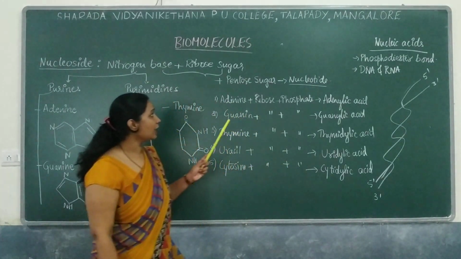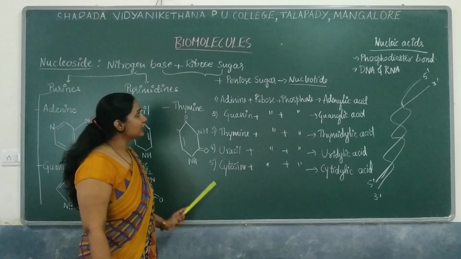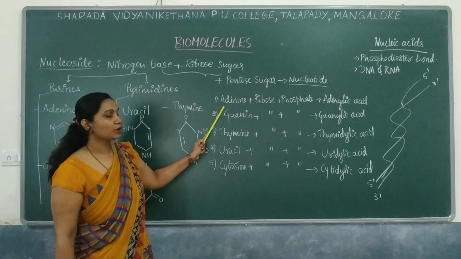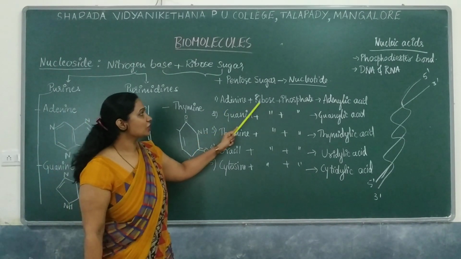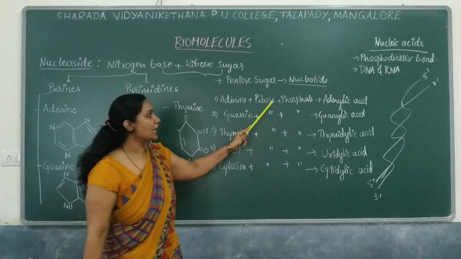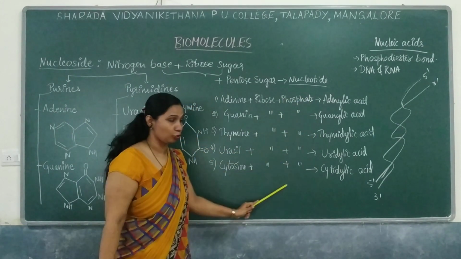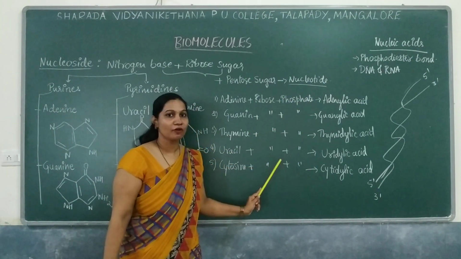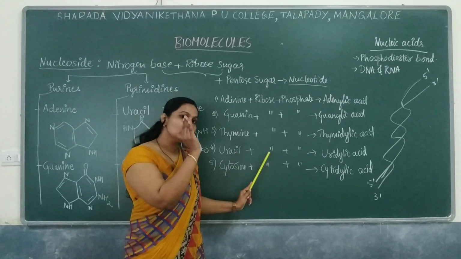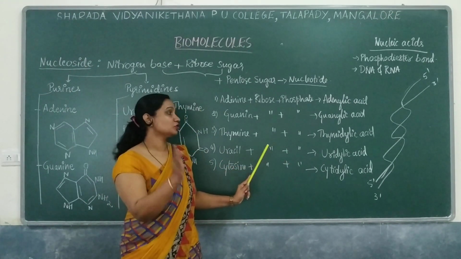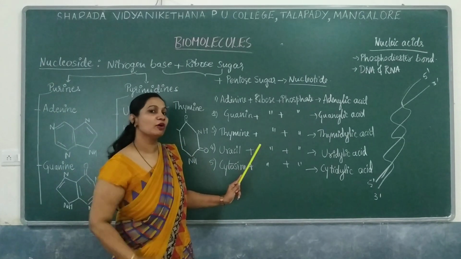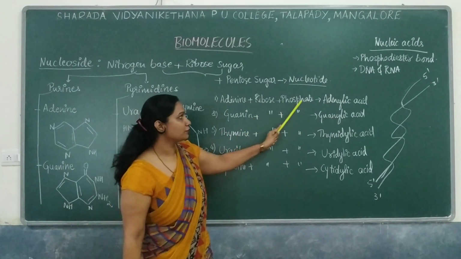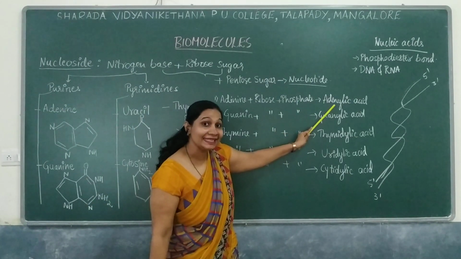Okay, so now regarding the nucleotides, the first one is adenine, which combines with the ribose sugar as well as a phosphate group. The addition to the nucleoside is nothing but a phosphate group, where the nucleoside joins with the phosphate group and forms a nucleotide. So adenine, ribose sugar and phosphate group form adenylic acid.